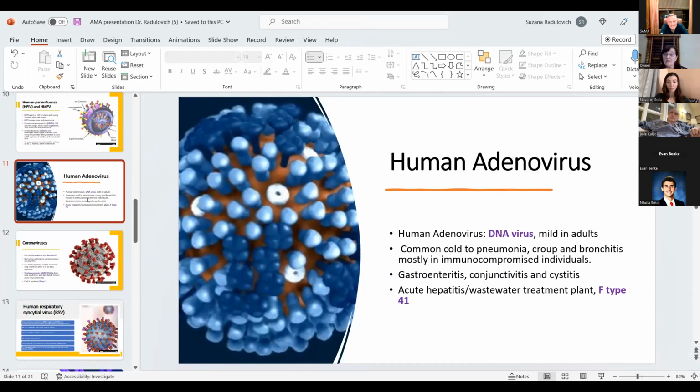Mostly, we are afraid when we see patients with an immunocompromised immune system. Lately, human adenovirus is known not only in respiratory tract infection; it was connected with wastewater treatment and acute hepatitis. So we may be seeing more and more such cases.